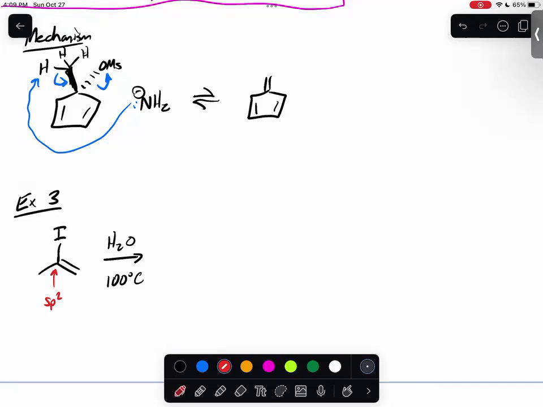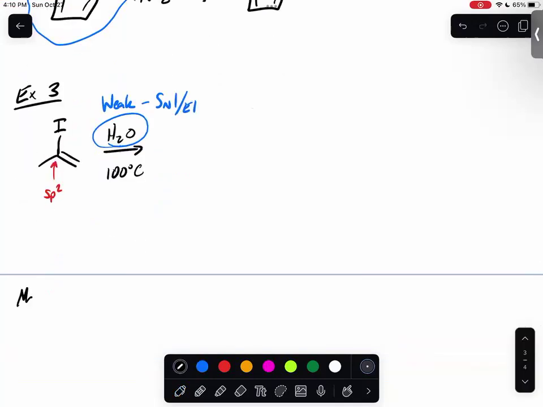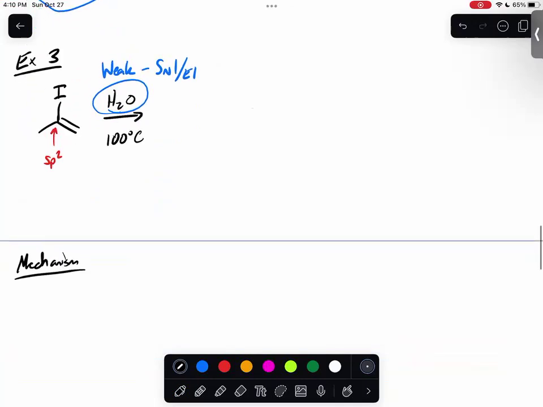Well, if we think about what this reaction should be, looking at the nucleophile that we have present, this is weak. So we would say that this is likely SN1/E1. But let's think about what this mechanism would look like. This mechanism would start out the same way that all SN1 and E1 mechanisms start out. The iodide would leave as the leaving group.